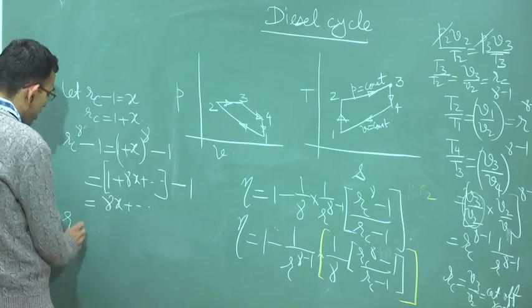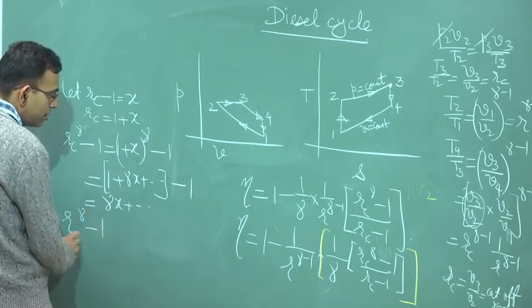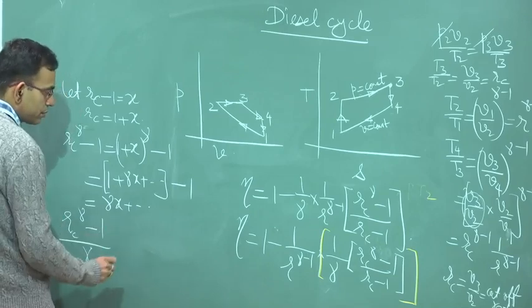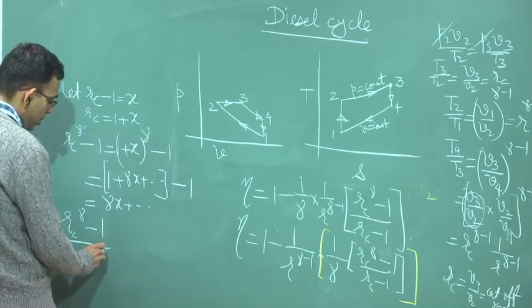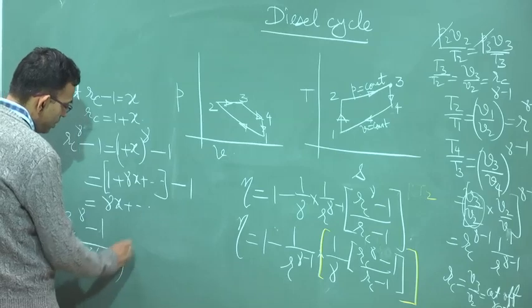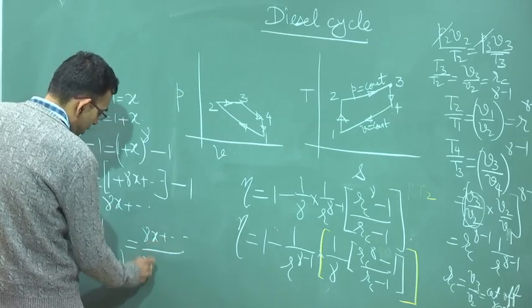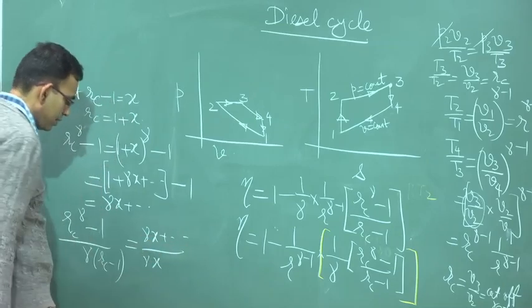So (RC to the power gamma minus 1) by gamma into (RC minus 1) is equal to (gamma x plus higher order terms) by gamma x.